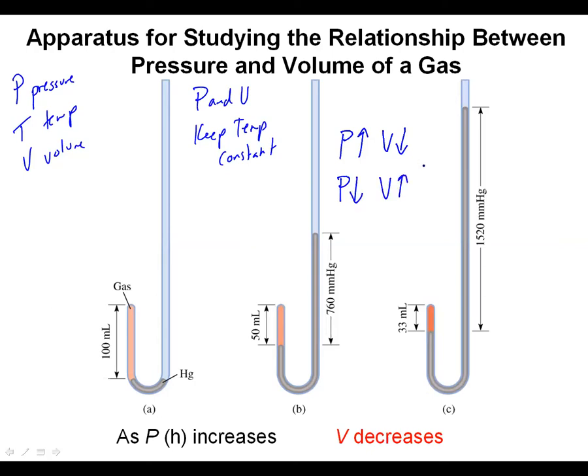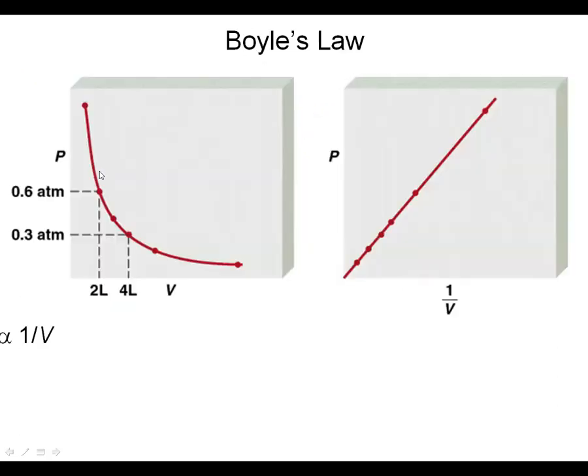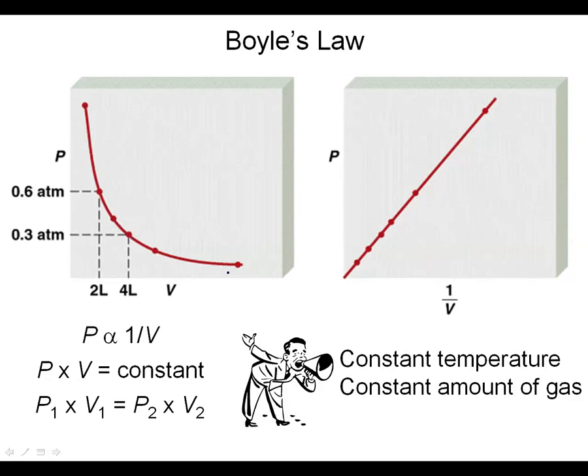And this relationship was discovered, if you will, by a guy named Boyle. And this is Boyle's law relationship, that pressure volume relationship when we keep the temperature constant. And that's what we see here, and that is Boyle's law. If you take a gas, as the volume gets larger, the pressure gets smaller.